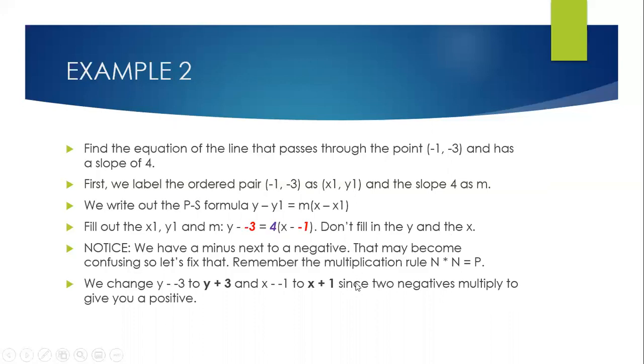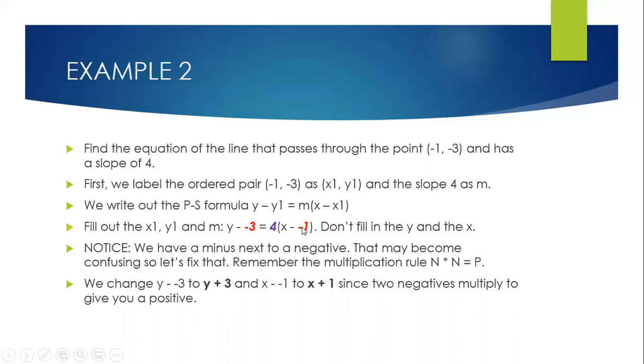We can't usually get rid of them, but every now and again we can. And here's a time when we can get rid of negative numbers. We have a minus next to a negative. Now remember that a negative times a negative is a positive. So that means that this minus negative can become a positive. So we basically take this and change that and that to a positive.